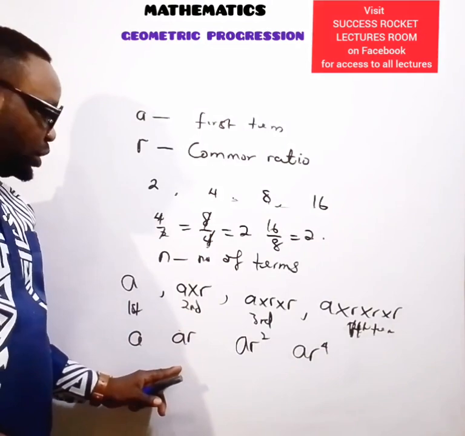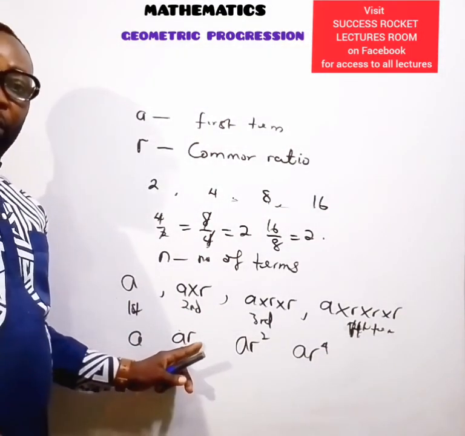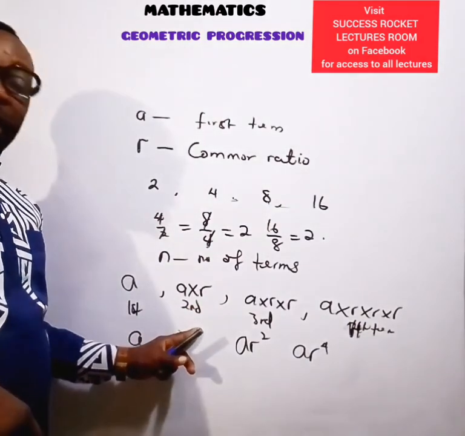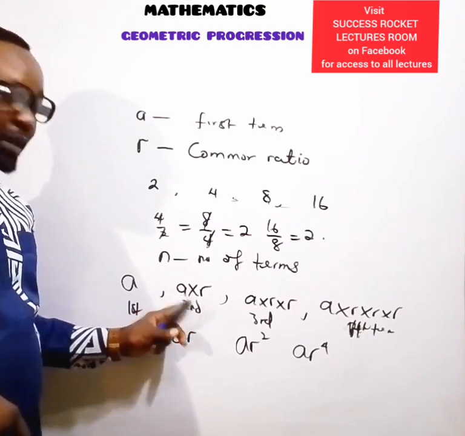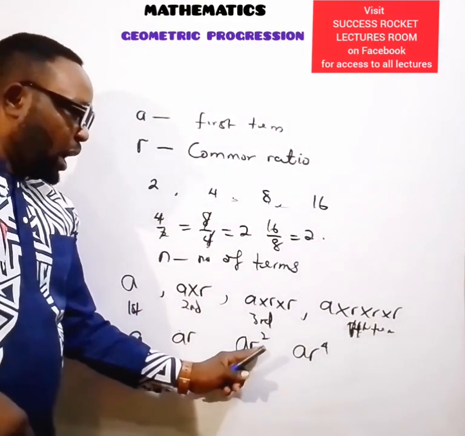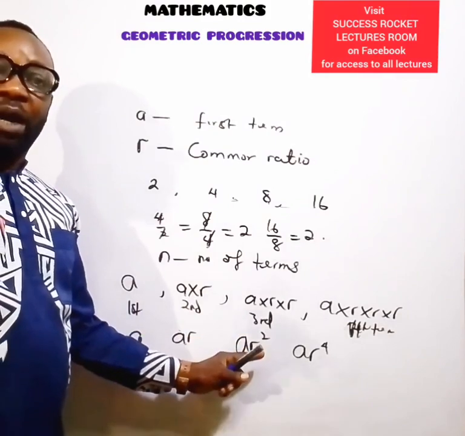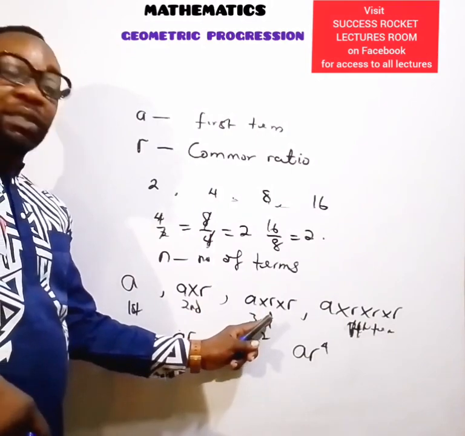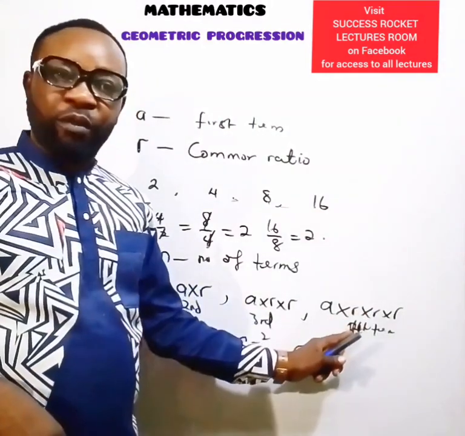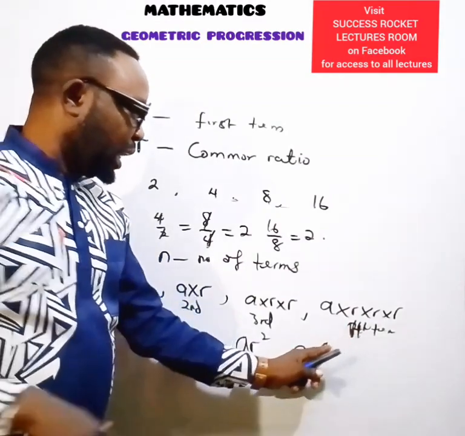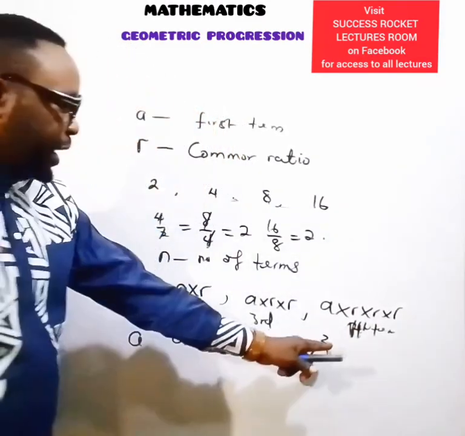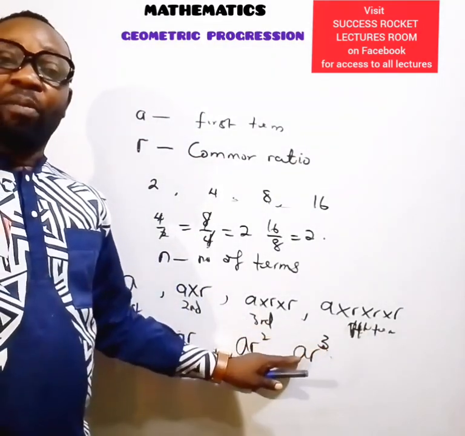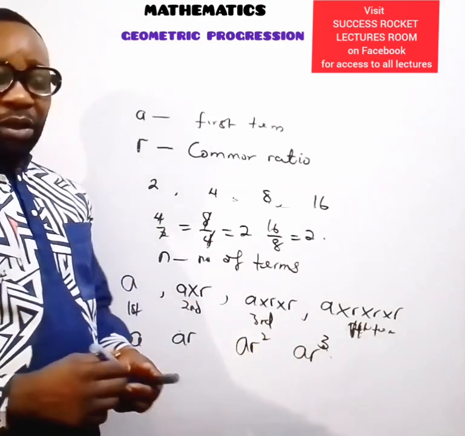In the second term, we have AR, which means one R, which is one less than the term number. In the third term, we have AR raised to power 2, which is again one less than the term number. In the fourth term, AR raised to power 3, the number of R's multiplied together is also reduced by 1.